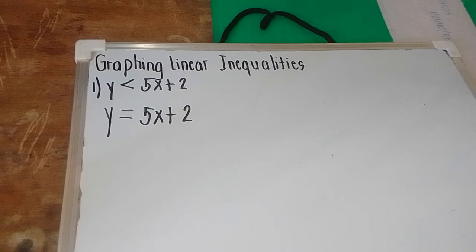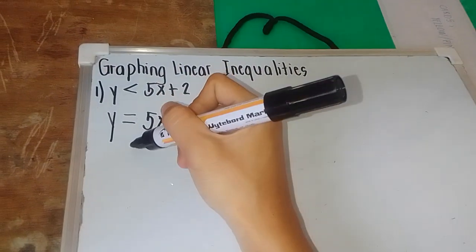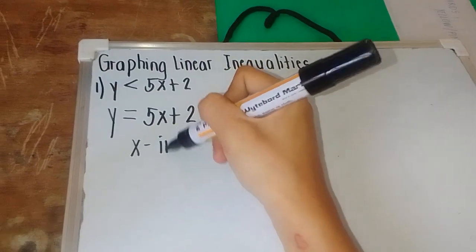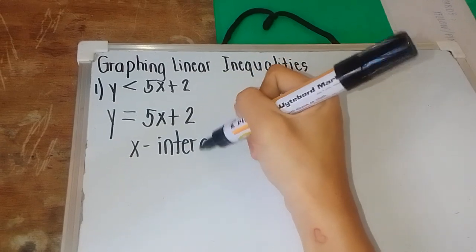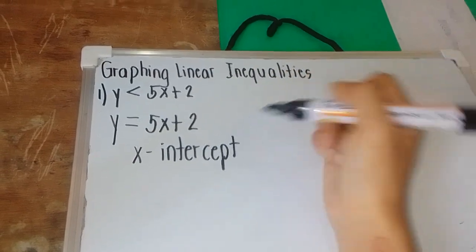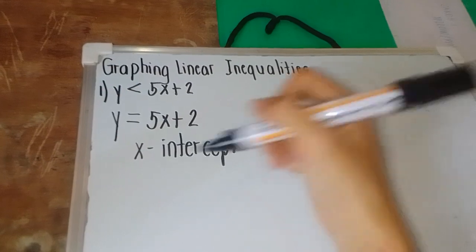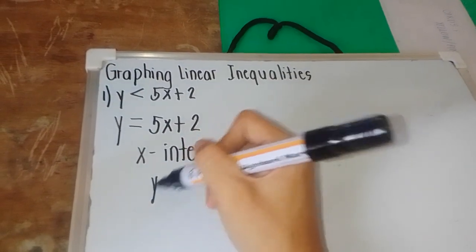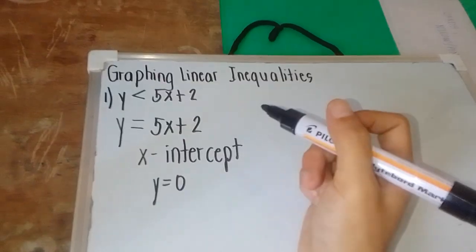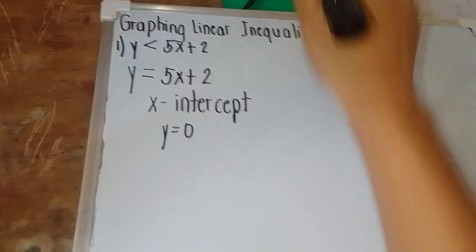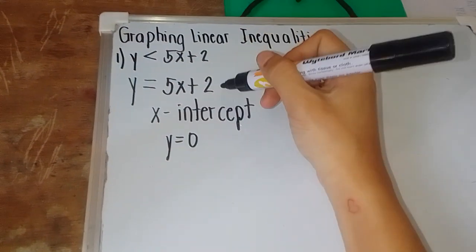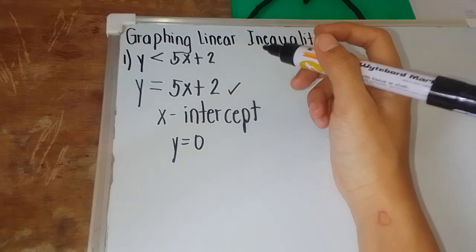So, first is to find the x-intercept. To find the x-intercept, you have to let y equal 0 using this equation. Okay, so let's try to solve.